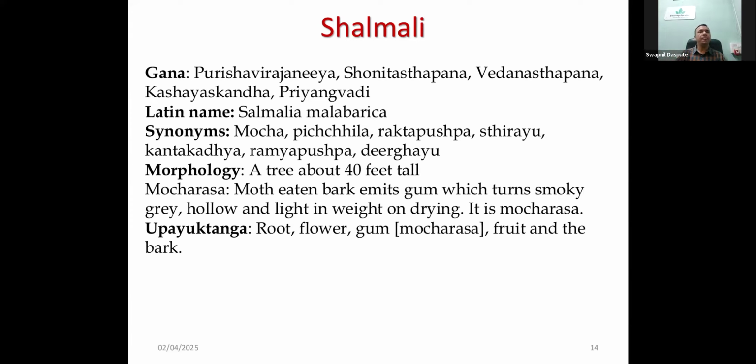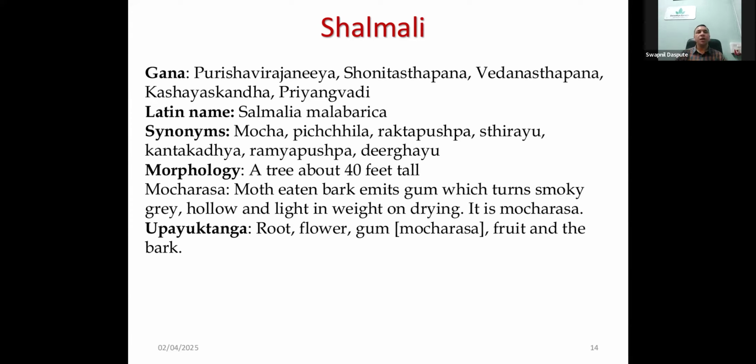And hence you may find, suppose, Sariva: Krishna sariva and Shweta sariva, two types are there. Shweta sariva is usually used in medicine, but Krishna sariva, if you find it in ample quantities, that also can be used, because it has a certain difference in its properties, so that will be used in that context.